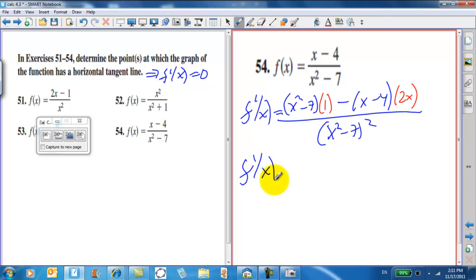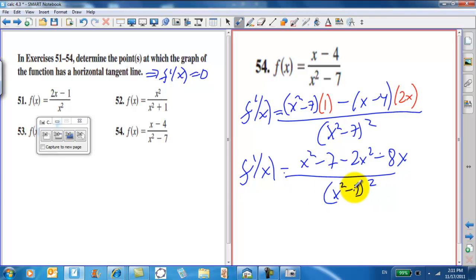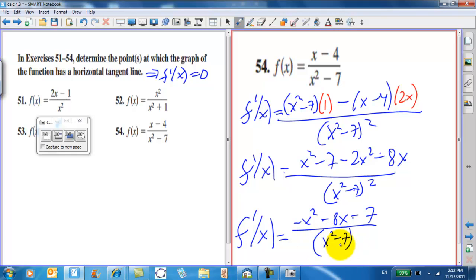So we get the derivative equals x squared minus 7 minus 2x squared plus 8x over x squared minus 7 squared. So we get the derivative is negative x squared minus 8x minus 7 over x squared minus 7 squared.